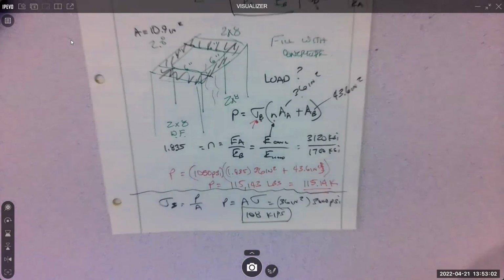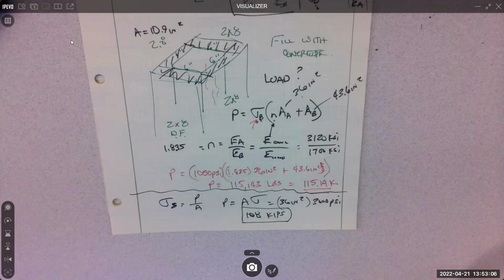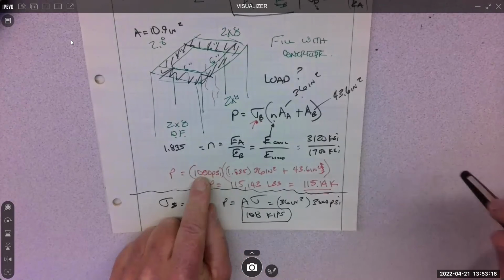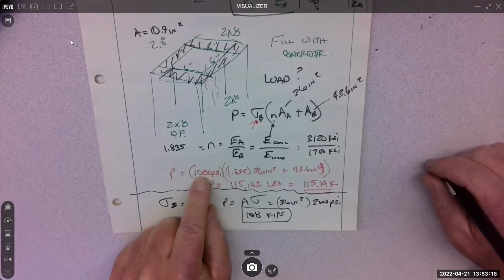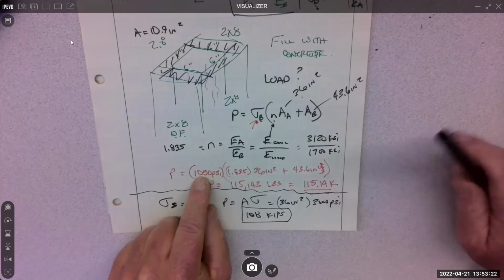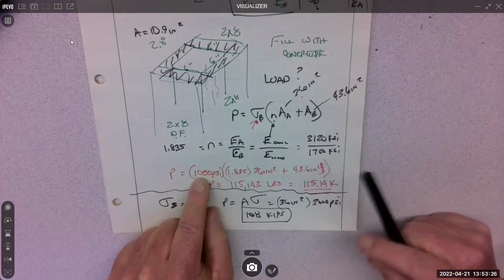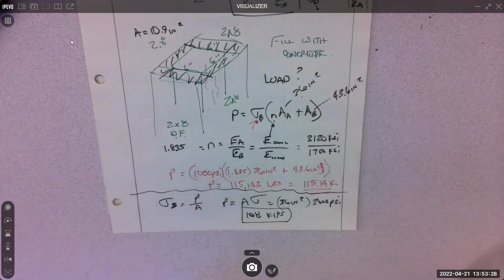Questions? It's pretty straightforward. You just have to remember what material is A and what material is B. Identify it, write it down, so then you get your modular ratio correct. And then you plug in the correct stress here, the weaker stress. Yeah, if you don't know, look up the modular ratios, see which one's stronger.